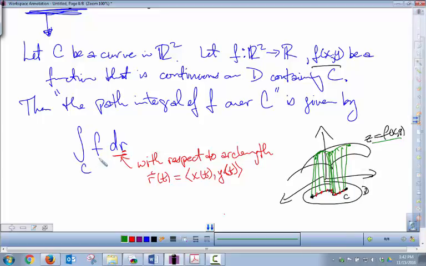And we're really finding the f function, the z component, so that's the height, times the little arc length partition. So we can imagine this geometrically as finding the area of this fence whose shape is curved along C and whose height is kind of constrained by the function f. Okay?